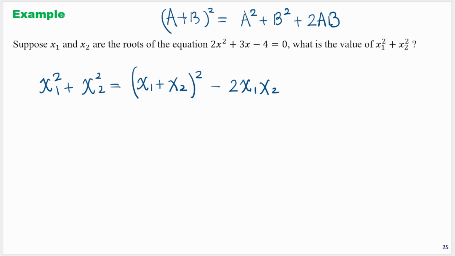Are you able to find x1 plus x2? What is it? It's negative b over a, with Vieta's theorem, right? So how about x1 times x2? That's c over a.